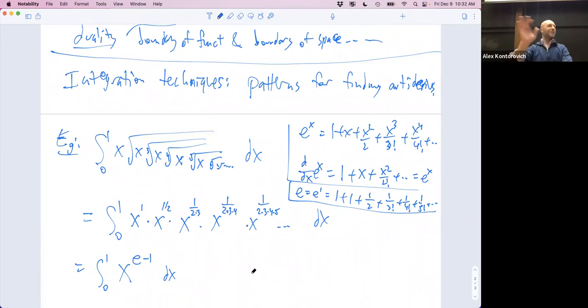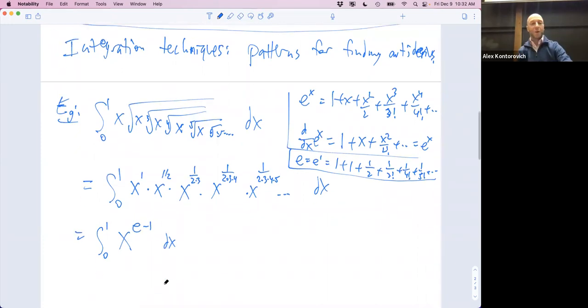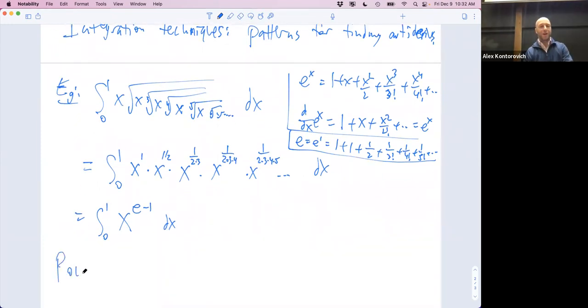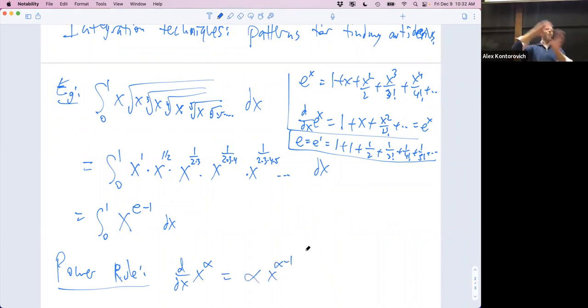This problem is too hard. This is not the kind of thing that I would ask you on the final, but we know the power rule. Here's the point. We know the power rule for derivatives. The power rule for derivatives says that if I want to differentiate x to any power, that's easy. It's just alpha times x to the alpha minus 1. Every derivative rule has a corresponding integral rule.